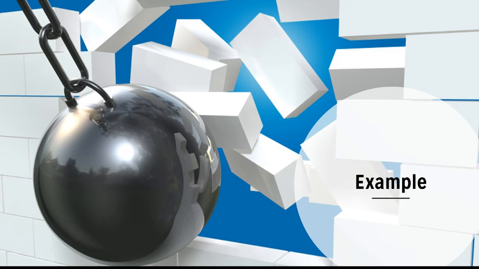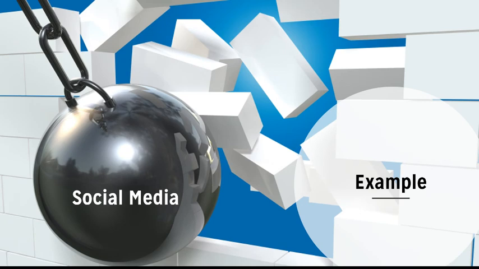So if Moore's Law is operating our wrecking ball, the thing that Moore's Law is using to break down this wall is social media. Social media being low barrier to access, allowing you to get your voice out there, to communicate with and build your audience.